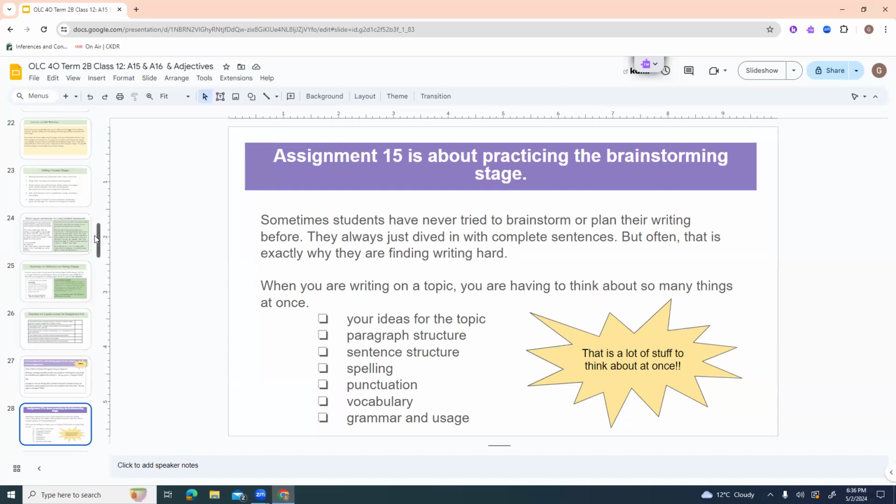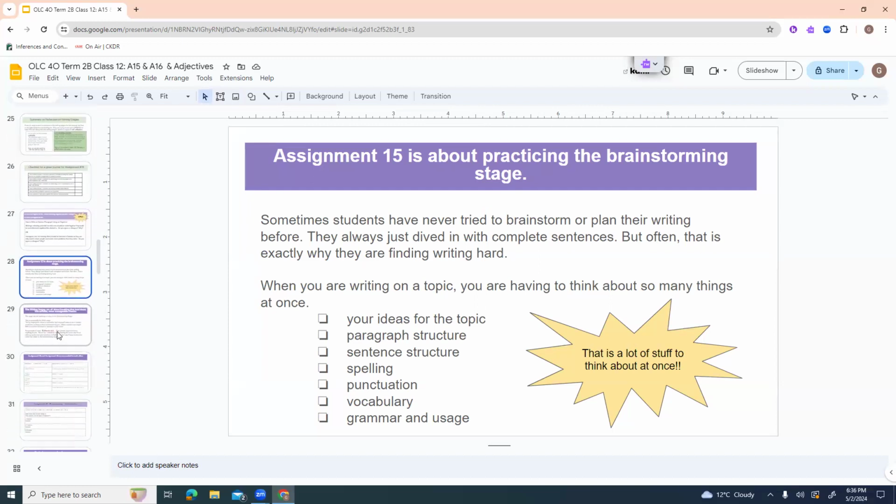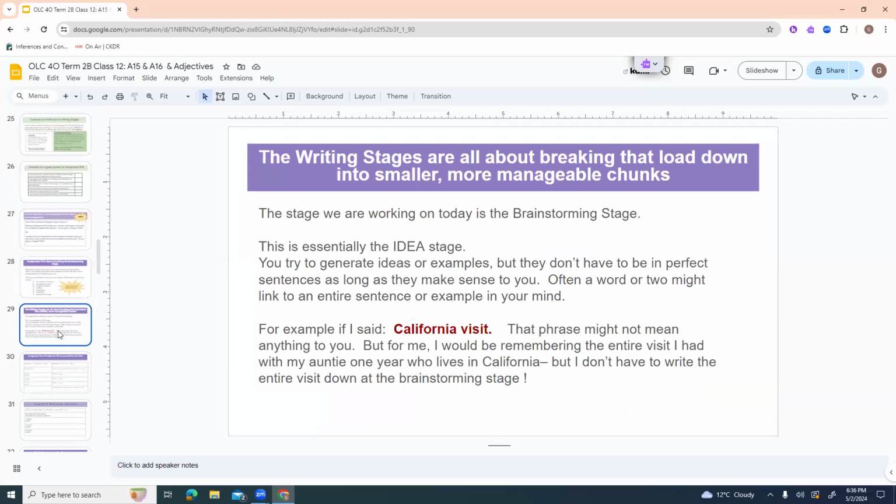So the writing process is all about trying to separate all those different things and breaking them into smaller, more manageable chunks for our brains, because our brains can only hold about 5 to 7 things at once in them. Okay. That is a scientific thing. That's not my thing. So if you have too many things you're having to think about, it just makes writing so slow and laborious because you have to think about way too many things at once to do it.